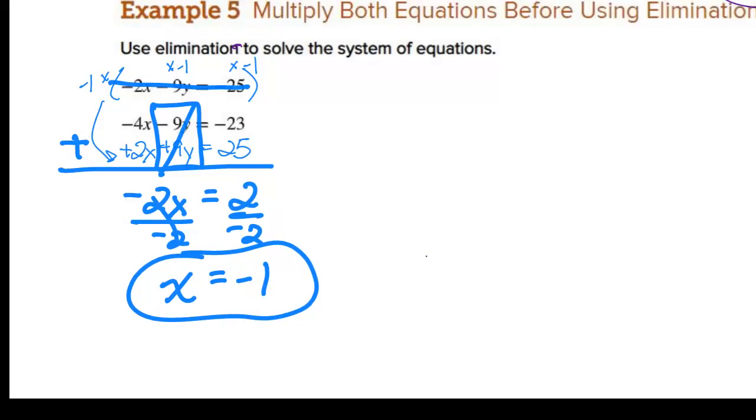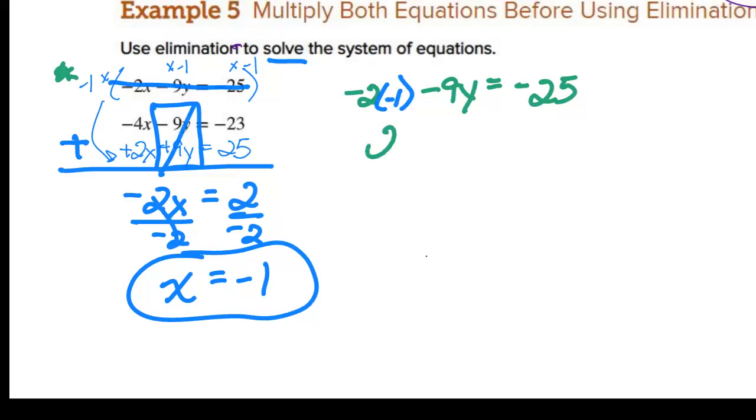But we need to solve. So we substitute that value back in either original equation. I would pick the one that has the smaller number, so I'm going to pick this one. And say negative 2 times x, which is negative 1, minus 9y equals negative 25.